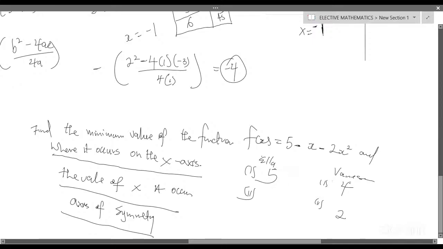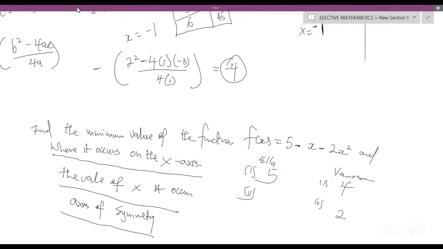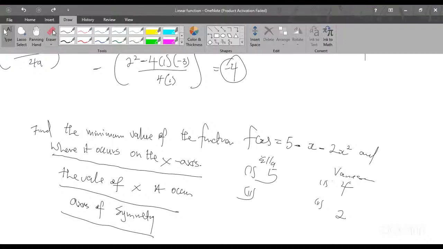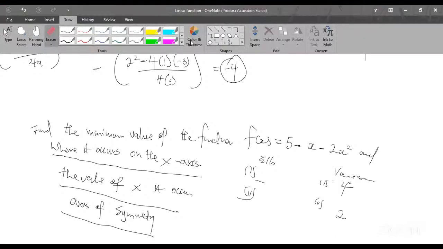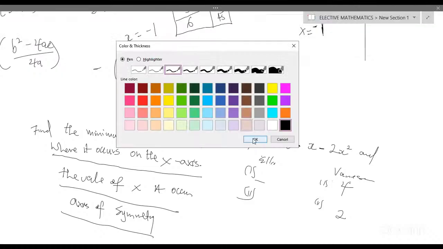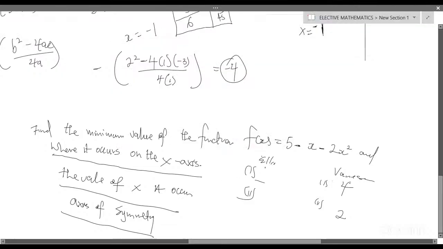Okay. So for the axis of symmetry, you had 1 over 4. So let me clean it. And then the other one, what did you get? Where is the minimum value? So the minimum value you had, that was 5, right?